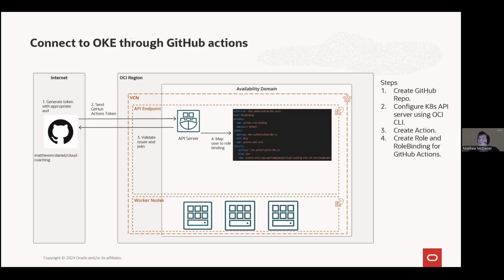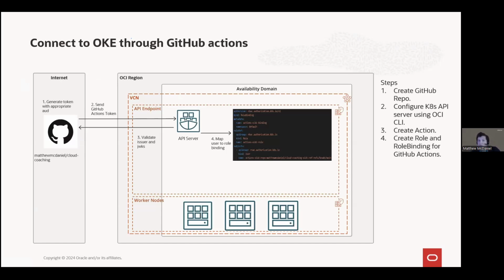For the first one that I'll show, connecting to OKE through GitHub Actions, this is just a basic architecture diagram showcasing what I will show you in just a second. It's very common to have a use case where you may want to use GitHub Actions as a CI/CD tool. Now, if you've tried this in the past, you'll know that for OKE, there were two options.